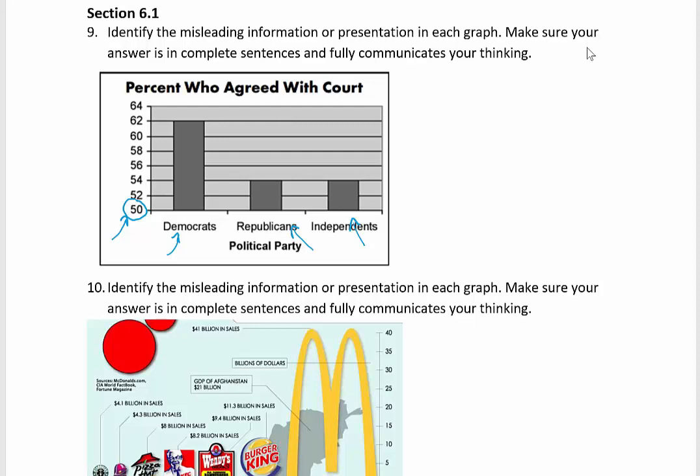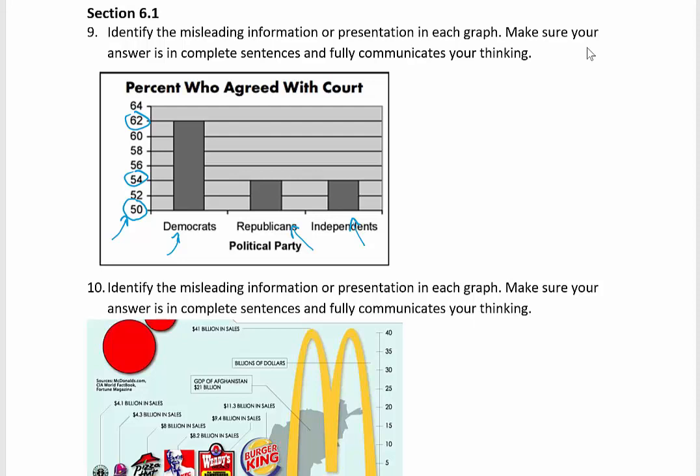Notice if we just look at the bar graph, it looks like the Democrats are like 3 times more likely, or 3 times more in favor of this court decision than the Republicans. But when you look at the actual numbers from 54 to 62%, that's only an 8% increase. So there's only an 8% difference between Democrats and Republicans here, or independents for that matter.